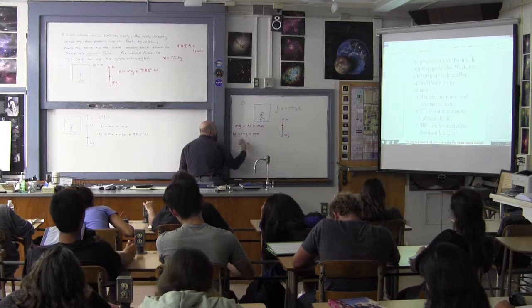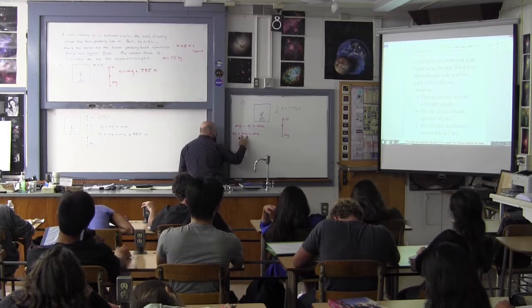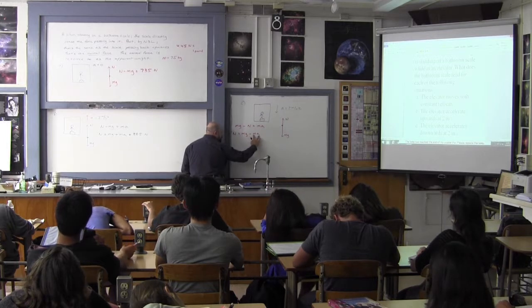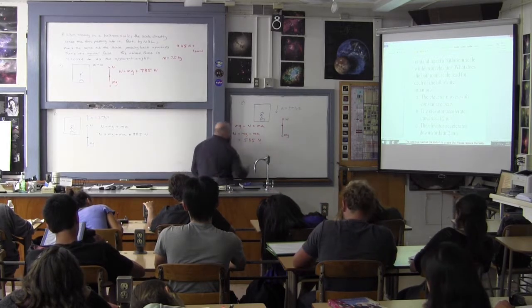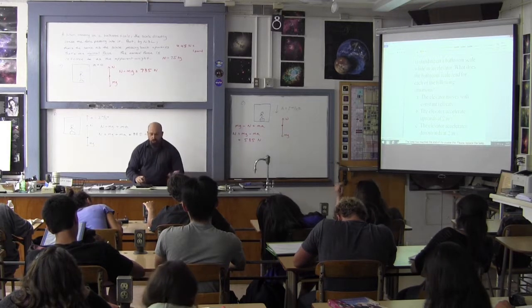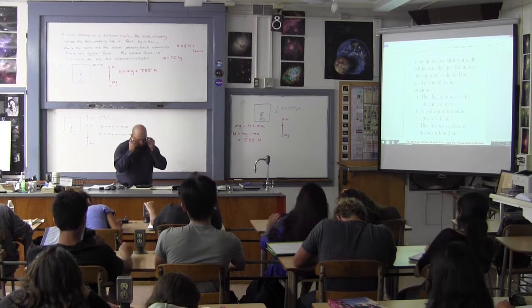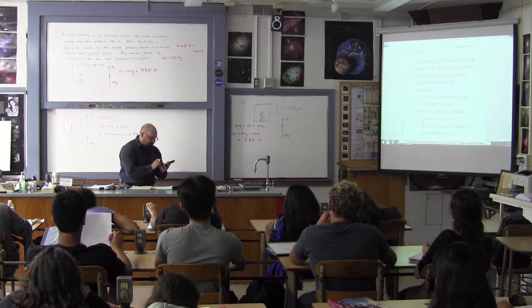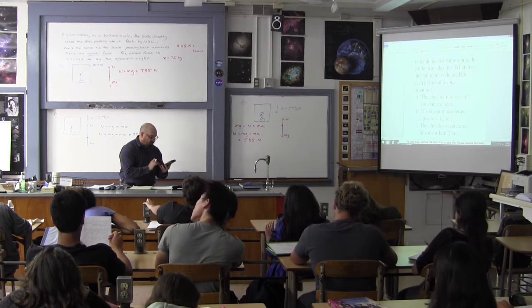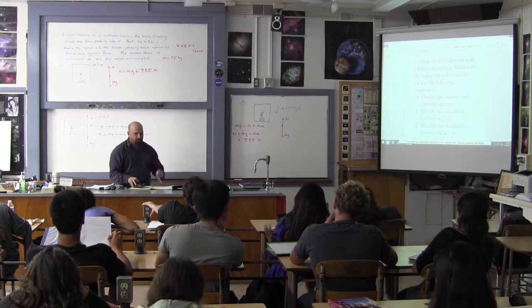So numerically in this problem, it's 735 newtons minus 150 newtons, which gives you 585 newtons, like so. So this 165-pound person, while they're accelerating downwards in the elevator, feels as if they weigh, I'm doing the conversion here, about 131 pounds.